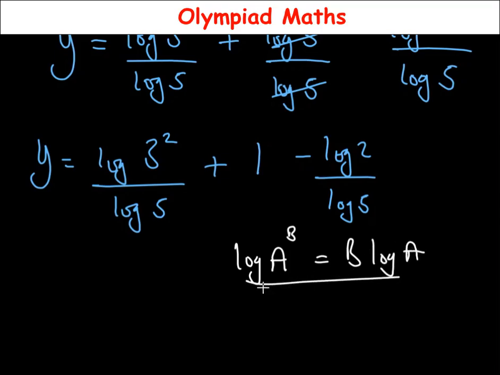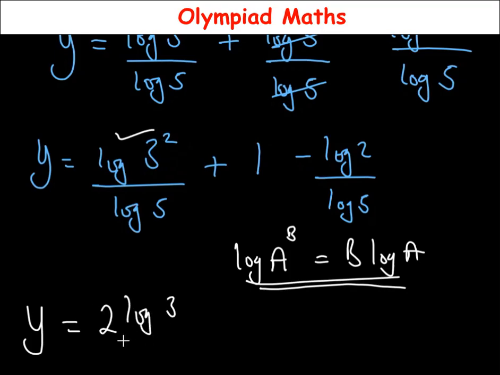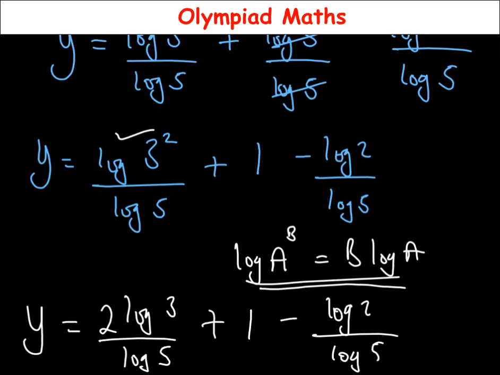So applying this rule right to this, the value of y is equal to power 2 then becomes 2 times logarithm of 3 all over log 5, then plus 1, then minus log 2 all over log 5.